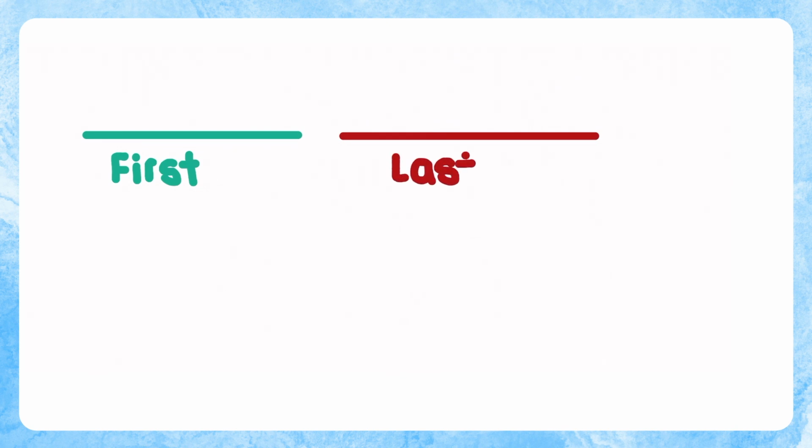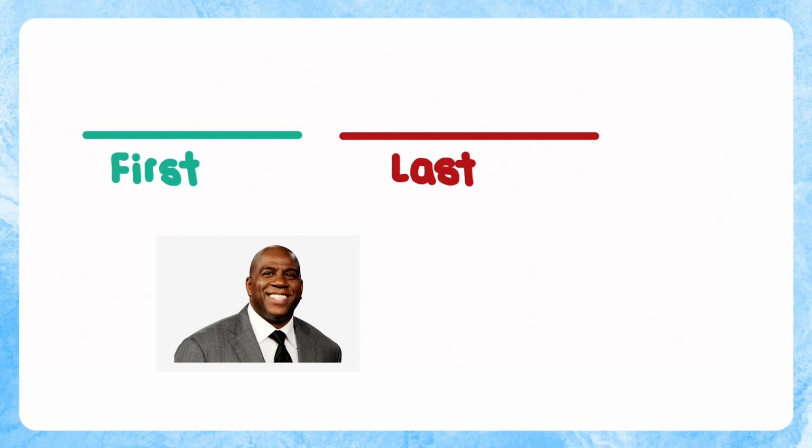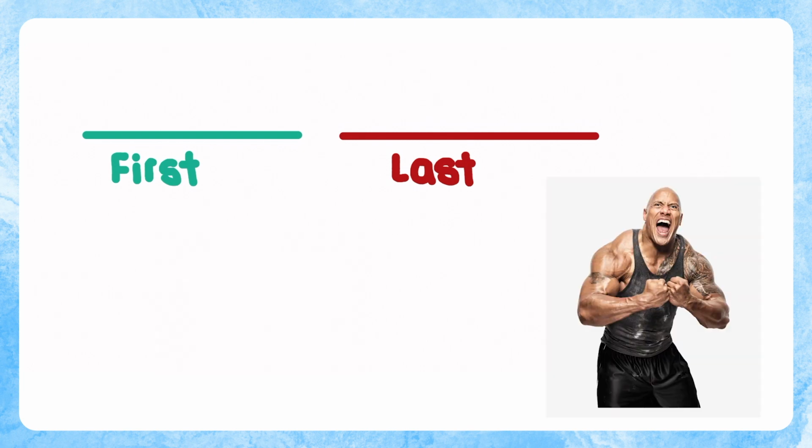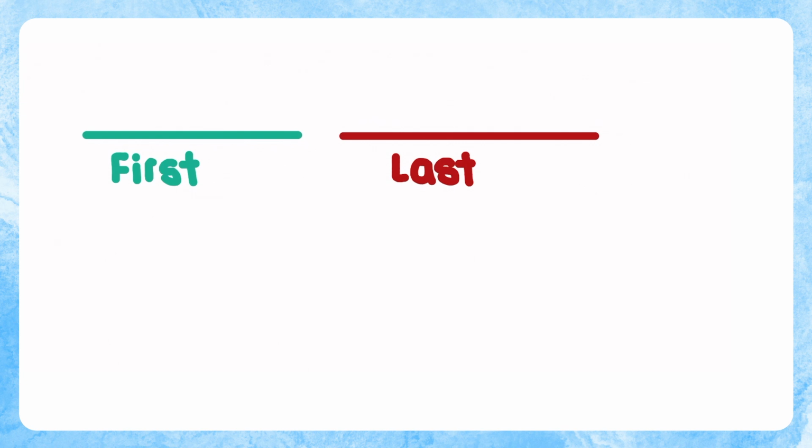So now we know how to give a polynomial both a first name and a last name. We want to make sure we classify them with both the first and last name because we want to be specific. Like imagine me saying, oh, Chris. I could be talking about Chris Evans or Chris Hemsworth. And if you're only talking about last names, you could say, oh, Johnson, and be talking about Magic Johnson or Dwayne Johnson, 2 very different people.